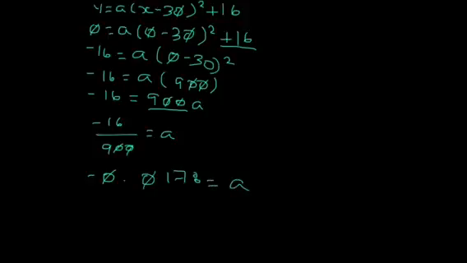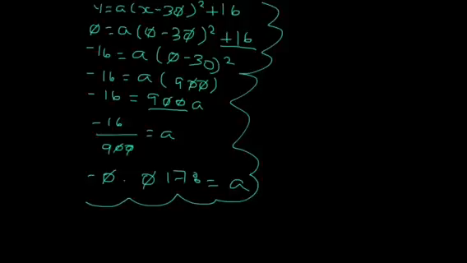as my a value. So now that we're done all this math, the equation that we get becomes y equals our a value, which was minus 0.0178, bracket x minus 30 squared plus 16.